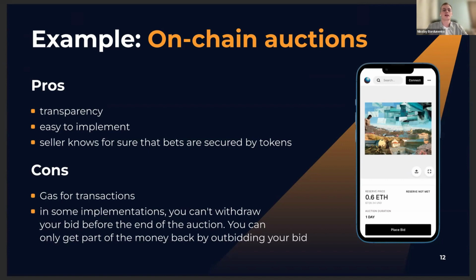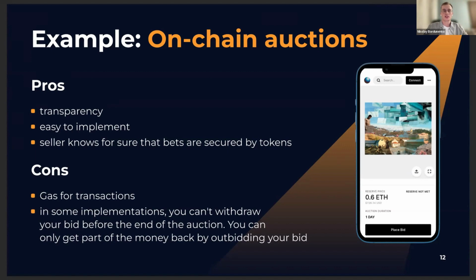You need to pay gas for every bid. And another one is that in some implementations, you cannot withdraw your bid until the end of the auction. You can get only part of the money back. But you shouldn't worry about gas in some networks like Polygon, Cardano, ZK, or optimistic rollups. The cost of a transaction there is below 1 cent.